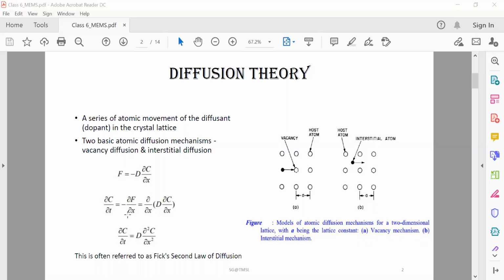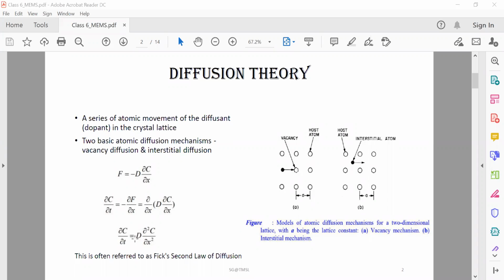When the concentration of the dopant is very low, the diffusion constant at a given temperature can be considered a constant, and this equation can be rewritten like this. This is the general diffusion equation.